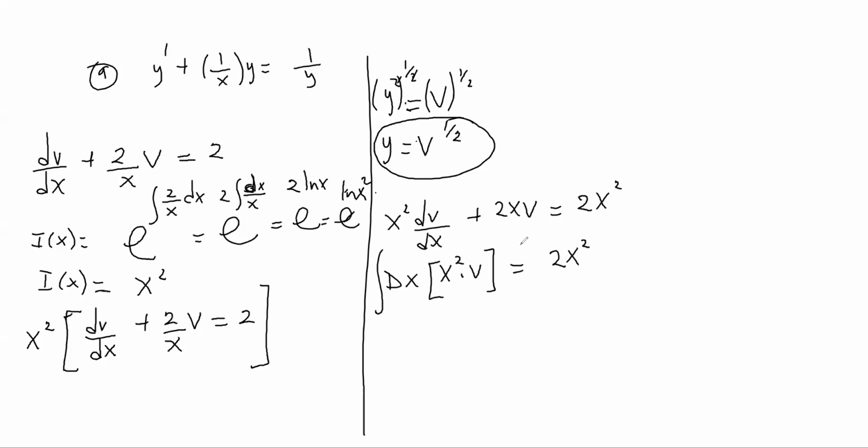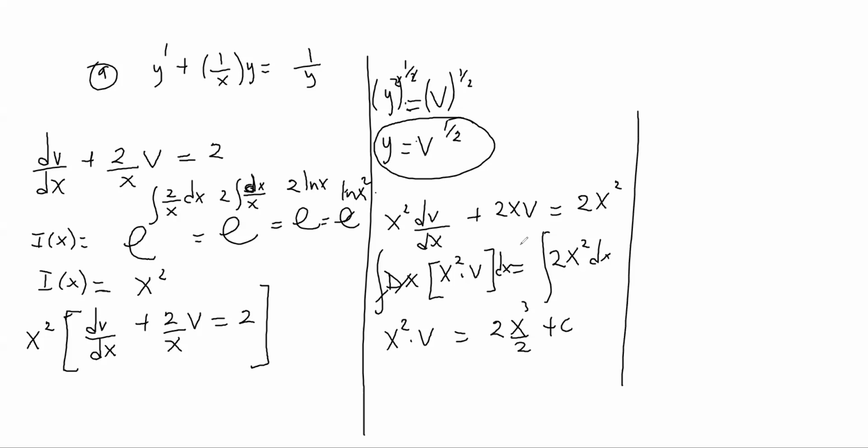So take the integral on dx. This derivative can undo this integral. I will have x squared times v will be equal to 2. If I integrate this, I know from your calculus 2, you can write this like this, plus some c. So this is 3, sorry.